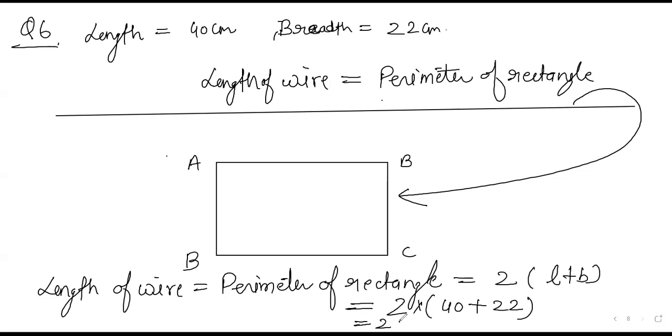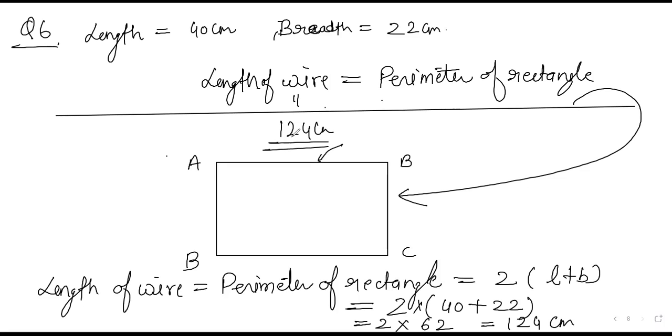So it will be given as 2 into 62, right? 62 into 2, that will be 124 centimeters. It is the length of that wire, which was in the shape of a rectangle. This wire length is now 124 centimeters, right?